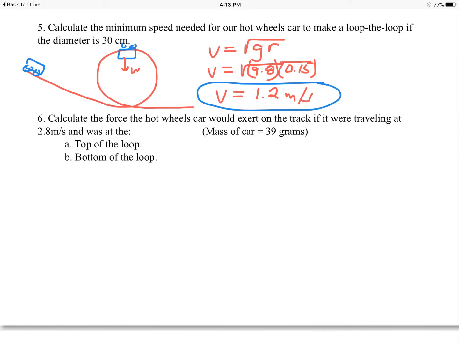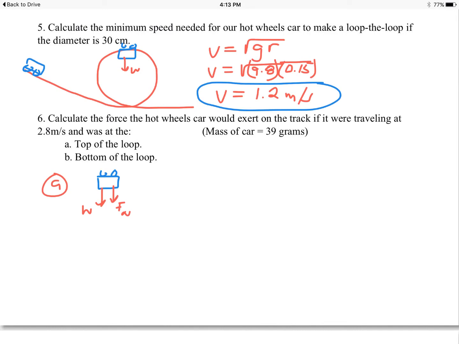All right, but what if our car was making it with ease? If our car was making it with ease, at the top of the loop, the diagram for that car, and I'm not going to draw the track this time, it would have the weight vector still, and now it's going to have the track force, which is perpendicular to the track, and that's F sub n, or normal force from the track.